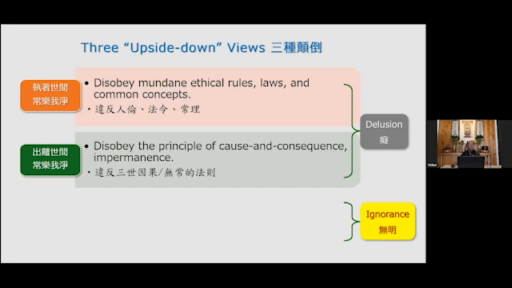And secondly, for practitioners, we want to practice, right? We want to transcend this mundane world. But yet we disobey the principle of cause and consequence and disobey the principle of impermanence. Then this is upside down view.